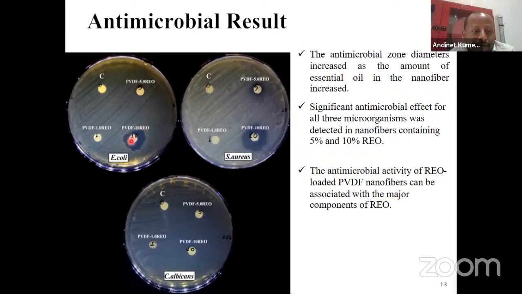As you can see here for Escherichia coli bacteria, the zone of inhibition of the sample, which is free from the bacteria, is much higher, nearly 4 millimeters in diameter. And Staphylococcus aureus is a similar case. For 5 and 10%, we observed that the antibacterial and the antifungal effect was significantly observed.